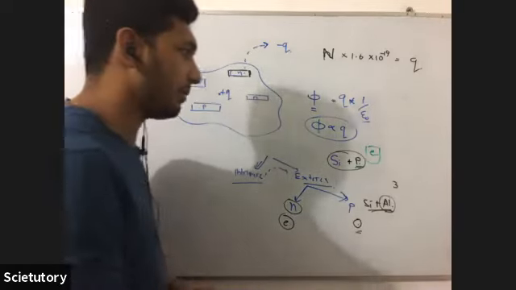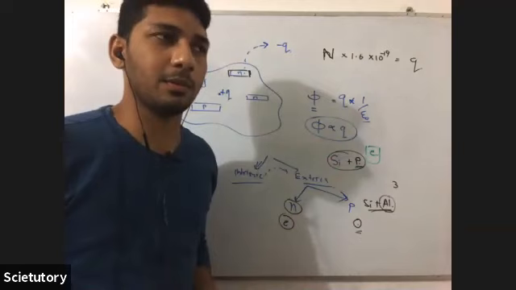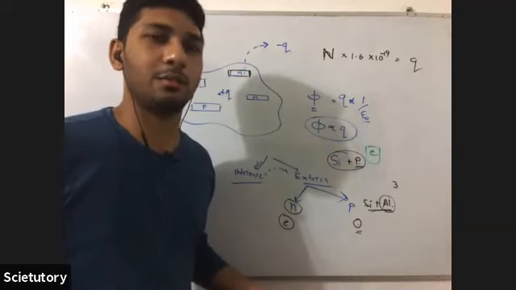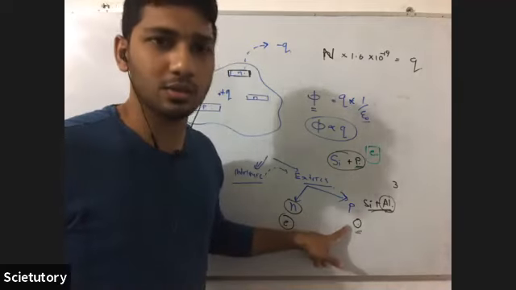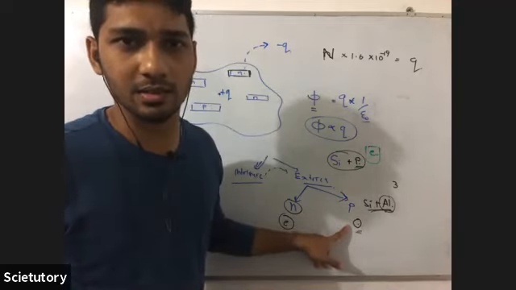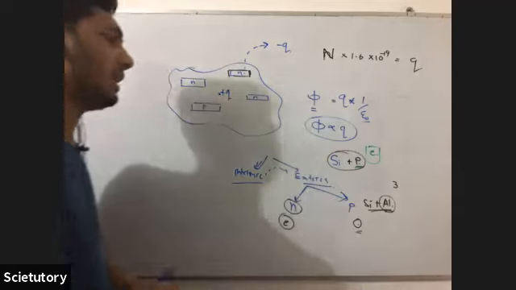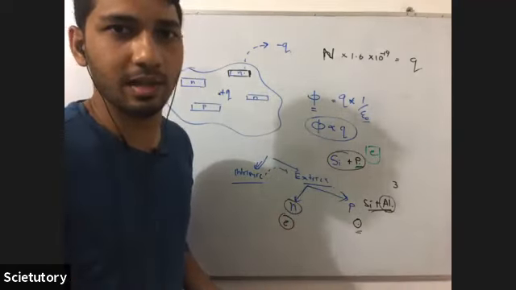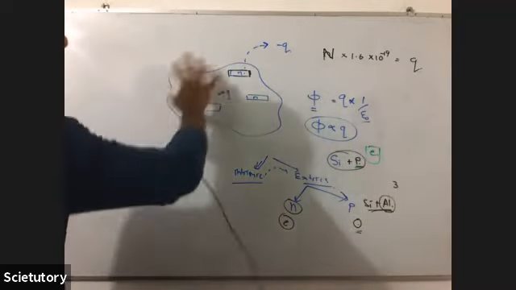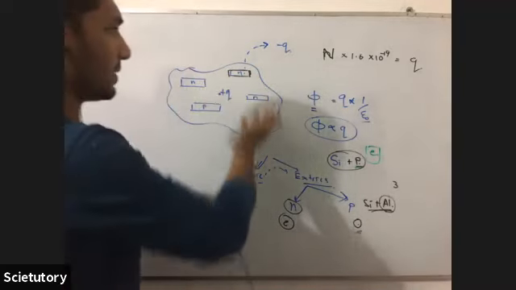You can quantify by saying that the number of holes is similar to the charge of plus q, but you cannot actually consider those holes as a net charge. Okay, so they will not actually form electric field lines of flux. So they are just there. They are like uncharged substances.